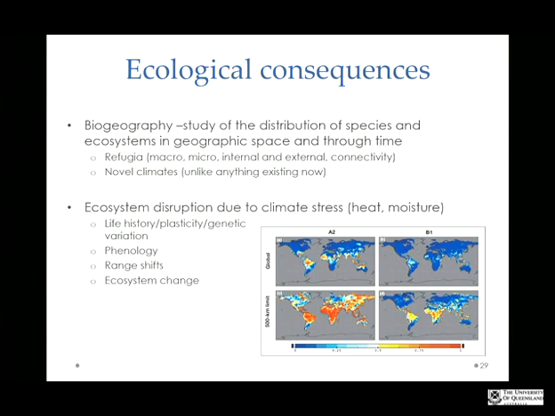It'll change things like phenology, so the timing of different events, and it'll change ranges of current species. So things like birds can move pretty easily, but trees can't move very easily. It's a very slow process for a tree to move its range. And then there'll be actual ecosystem changes because of differential movement between different species.